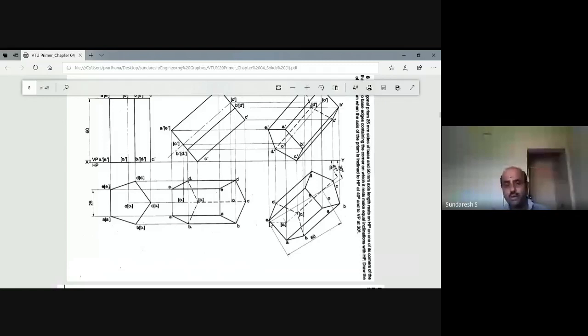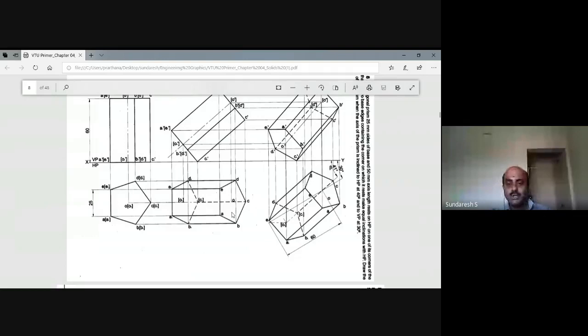Once you get that point, draw the locus line, which passes through that point O1 and is parallel to the XY line. It should be a very thin line. Once you get the locus line, take the compass and measure the apparent length of the axis from the second position top view.